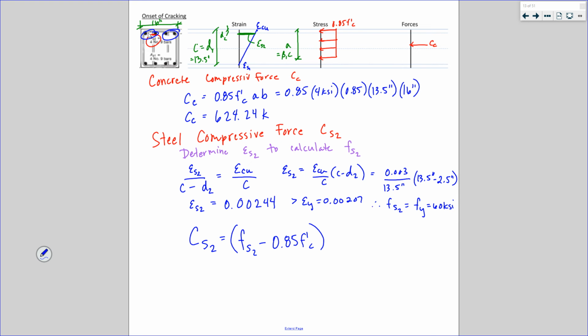So my stress in my compression steel minus 0.85 f'c times my area of steel.